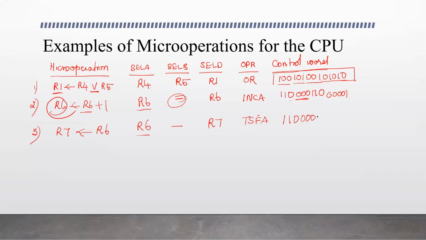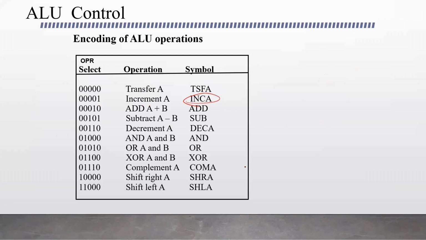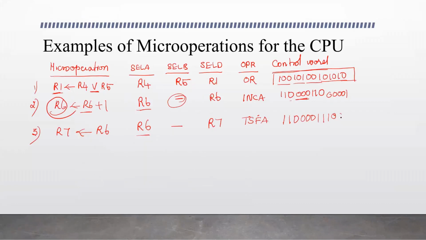And the third selection input, to select R7, needs to be 1, 1, 1. And TSFA, the code for this operation, is 0, 0, 0, 0, 0, all zeros. Okay, so this is a control word that allows the CPU to perform the operation of transferring information from R6 to register R7. And let's take some output and input.